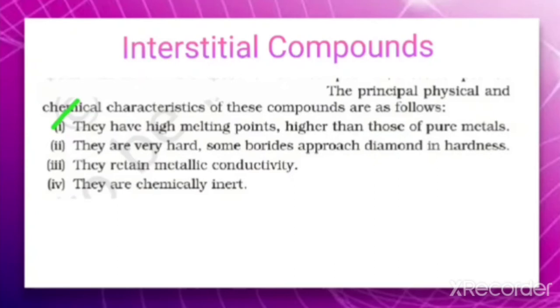Next, they are very hard, and some approach the hardness of diamond. That means they are extremely hard. They retain metallic conductivity and they are chemically inert. So these are the characteristic features of interstitial compounds.